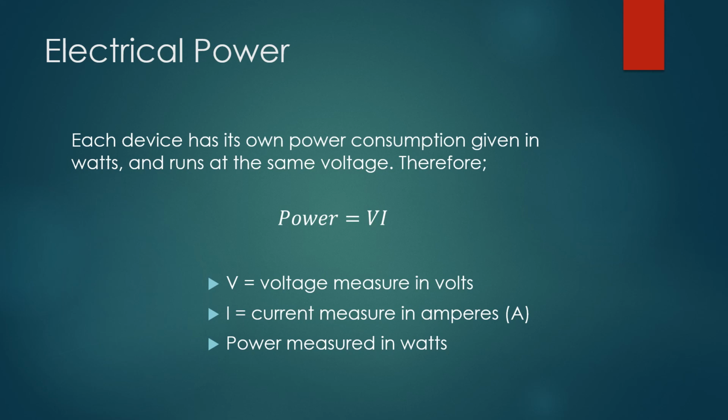Each device has its own power consumption. We can calculate that by multiplying voltage times the current. Voltage, once again, is going to be in volts. Current is represented by this letter I and is measured in amps. And then power is in watts. We'll look at a few examples with these calculations.